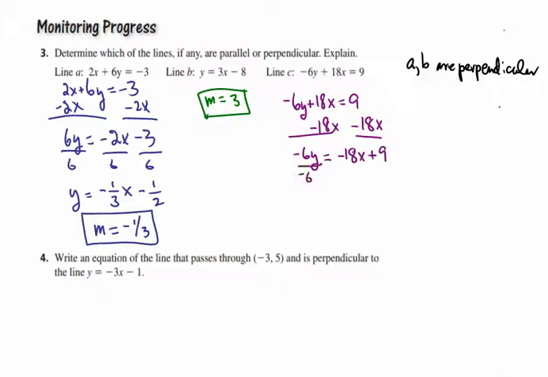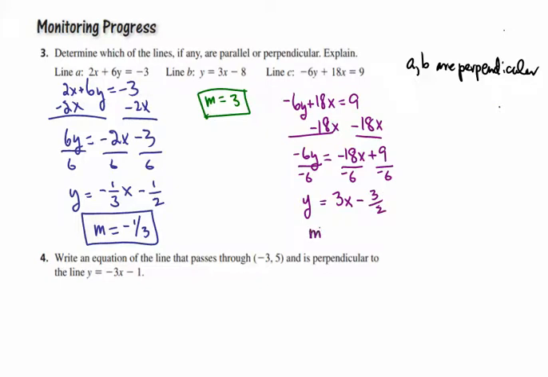Now I divide everything by negative 6, and I end up with y is equal to negative 18 divided by negative 6 is positive 3, then x, and positive 9 divided by negative 6 is negative 3 halves.